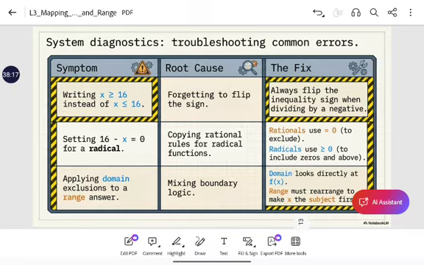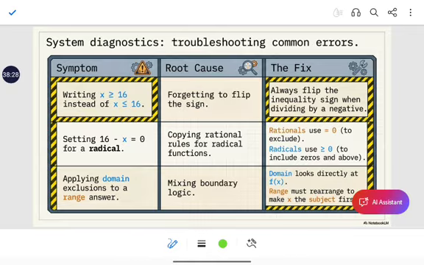So we are talking about some errors you may identify. Okay, writing x greater than or equal to 16 instead of x less than or equal to 16.